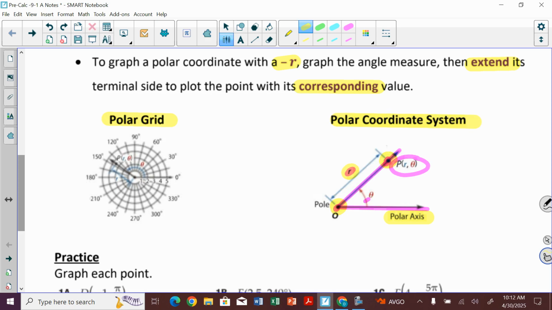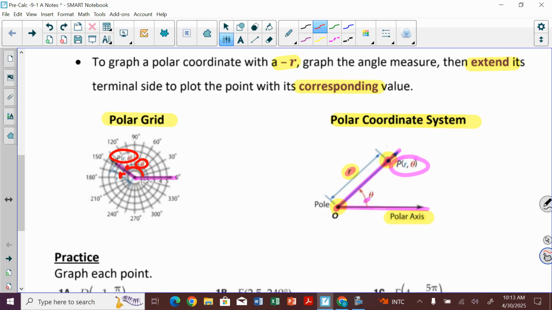If you put it on a graph on the grid like this, you can see your polar axis is here. We've got an angle going out this direction, a radius of r here, and theta is your angle right here. And so our point would be there on the graph.